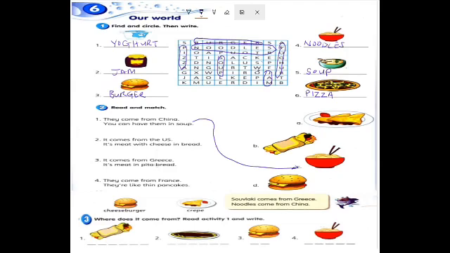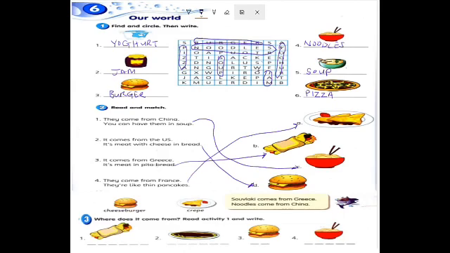It's meat with cheese in bread. It's the cheeseburger, correct. It comes from Greece. It's meat in pita bread. It's the souvlaki, correct. And the last one, they came from France. They are like a thin pancake. The answer is crepes. The picture is A.